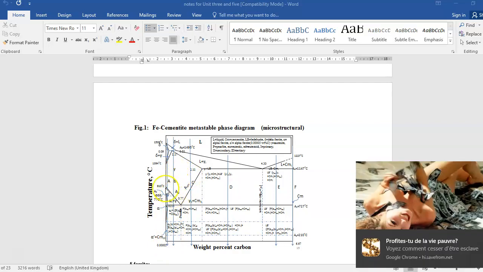We join these three points together and get this line. Now we get three points: 0.025, 0.8, and the third point at 6.67. We draw the straight line.